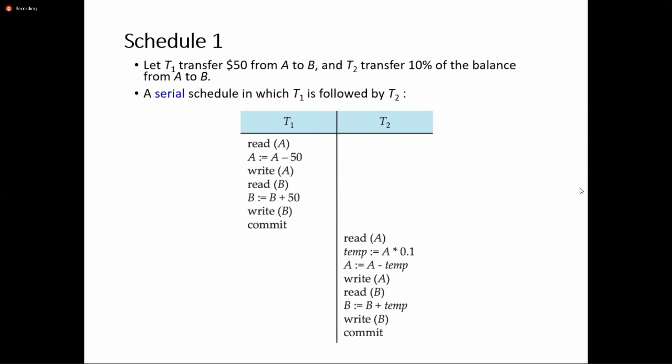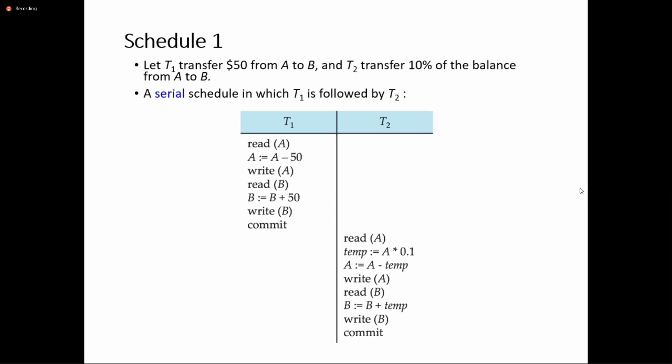Write A. Read the balance, the new balance. Then B, add the 10%.